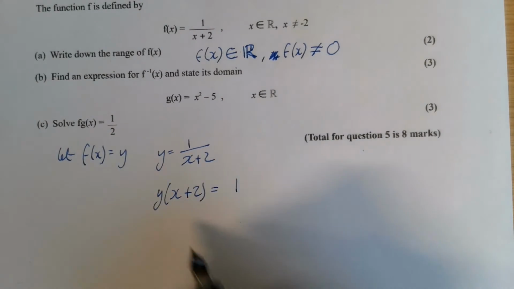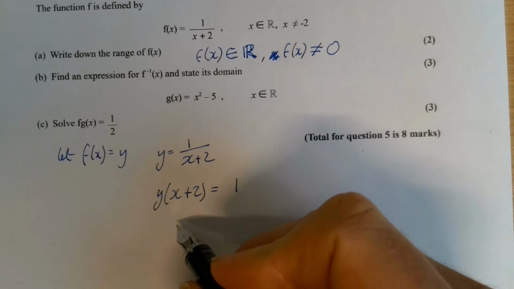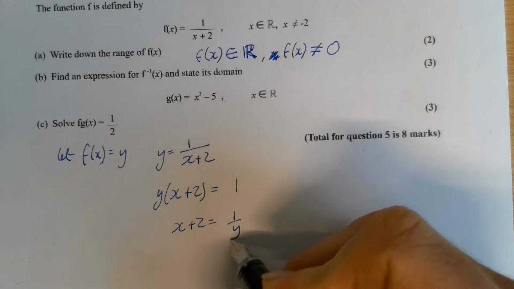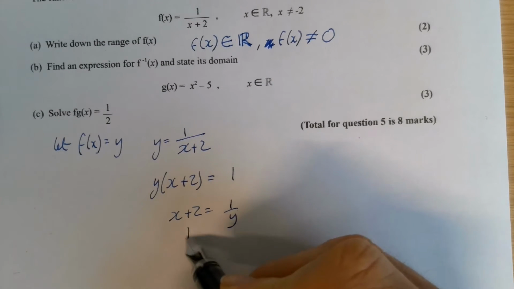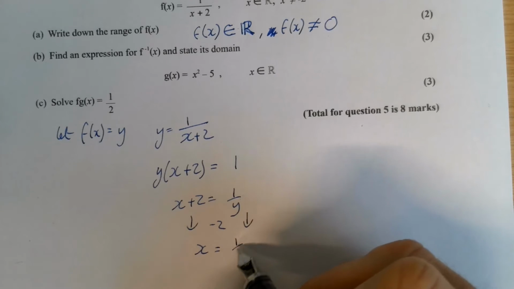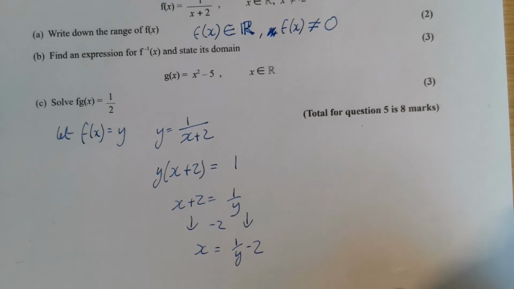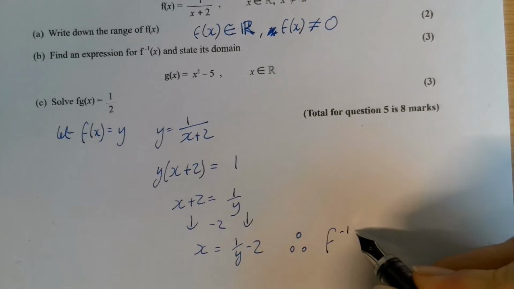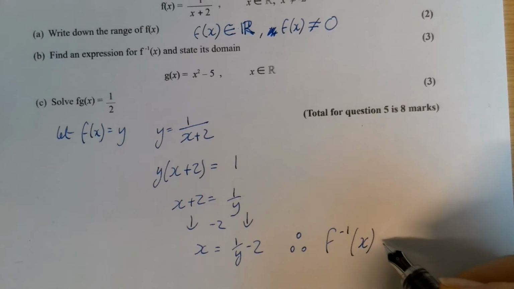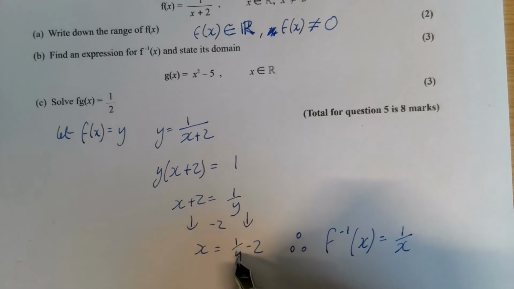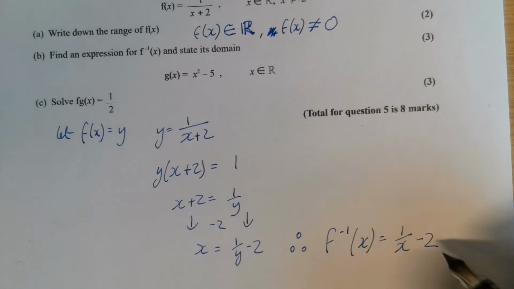Divide by 1, y, and then take 2, and we get x is equal to 1 over y minus 2, and therefore we can say that the inverse function is going to be 1 over x, minus 2. You just replace the y with the x at the end.